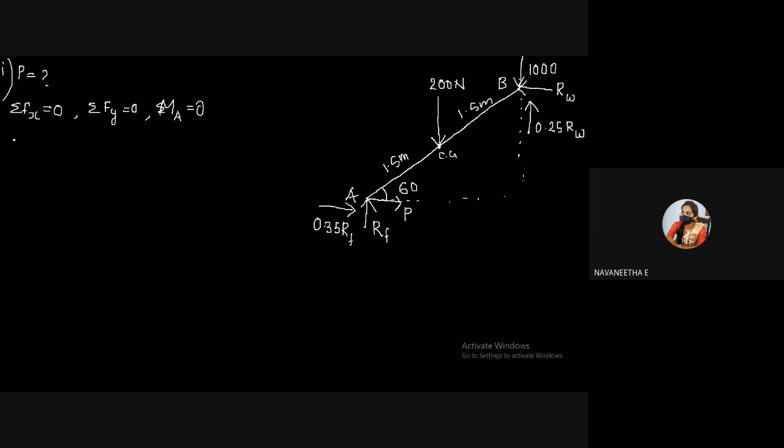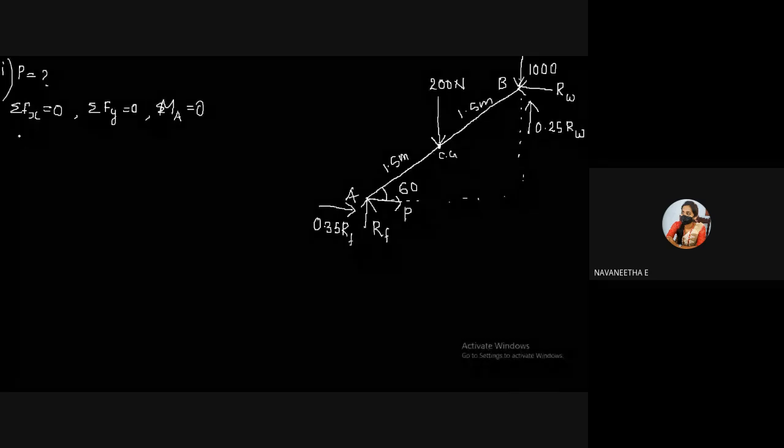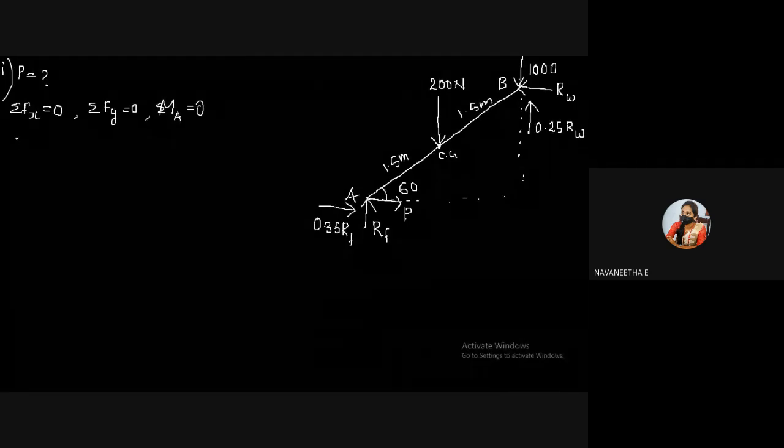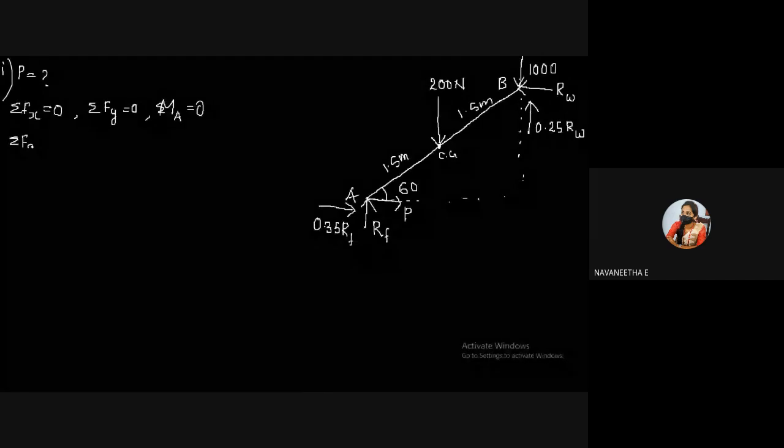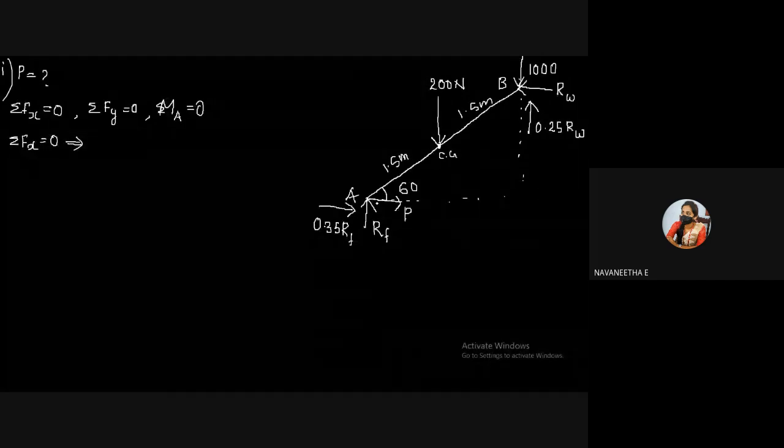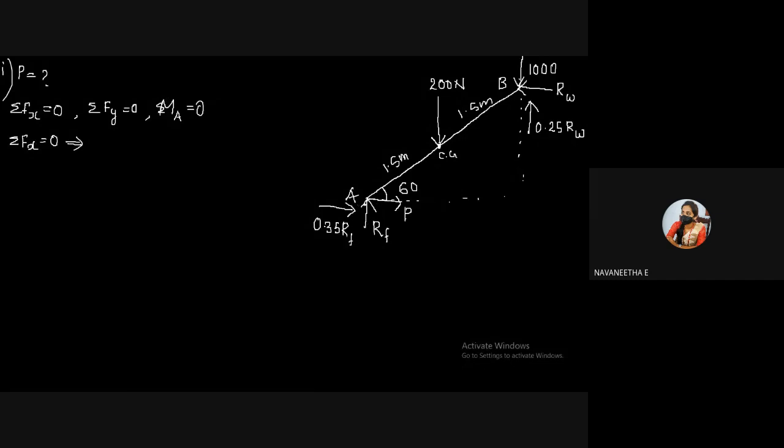So first of all, we will consider sigma Fx. Which are the forces acting in the x direction? Sigma Fx equal to 0 implies, first, we are considering the point A. At point A, the frictional force is acting in the horizontal direction, that is 0.35 RF, acting in the right hand direction, so it is positive.